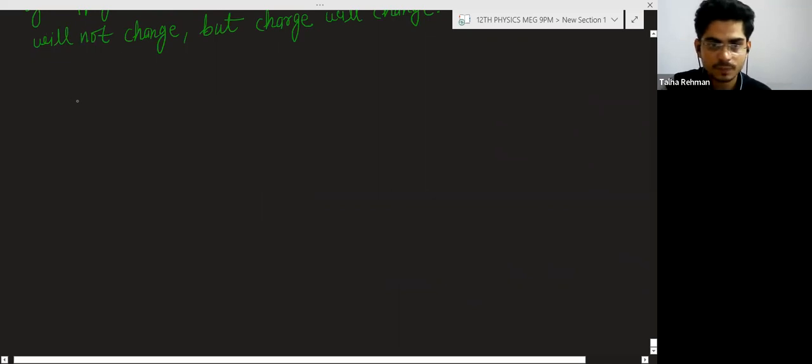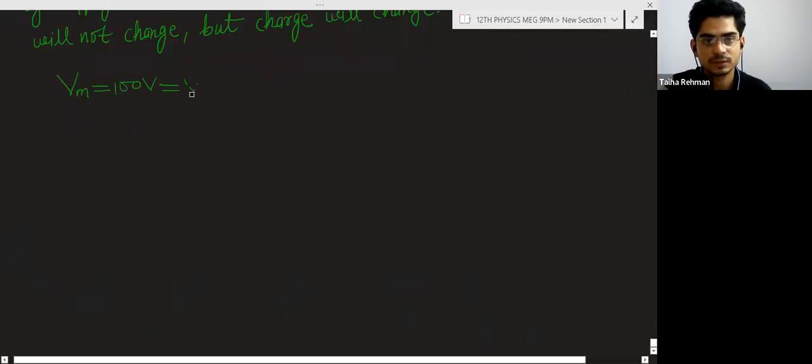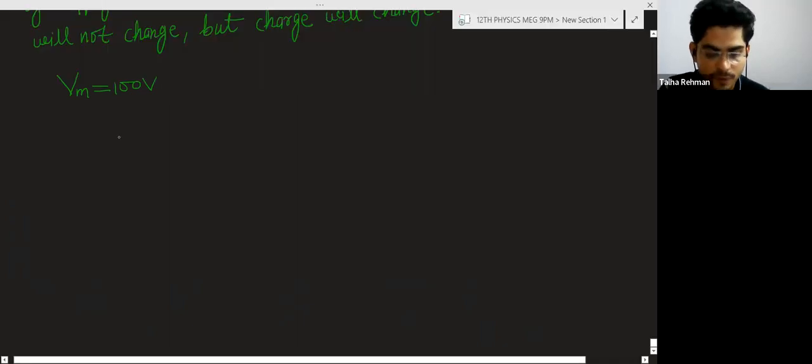So what happens? Potential will remain same. Vm means potential when mica is introduced. That will be same as before, and that is 100 volt.